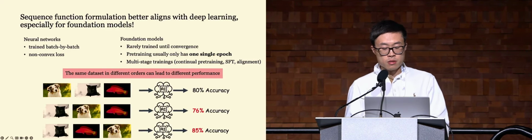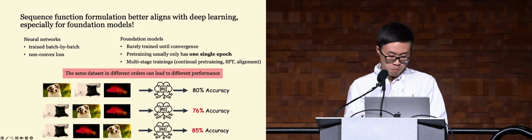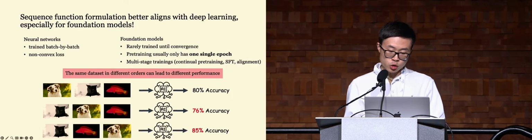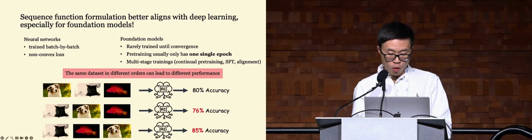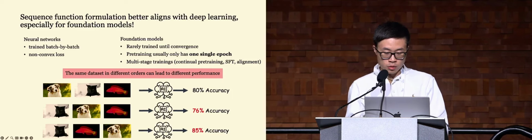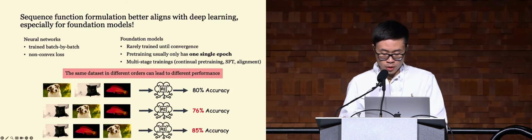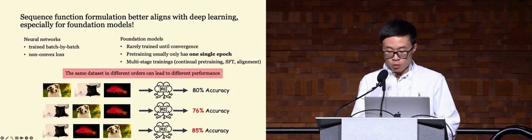Furthermore, the training paradigm of foundation models is unique, in the sense that they rarely train to convergence, and they often use just one epoch for pre-training. And they typically go through multiple stages of training, like continual pre-training, fine-tuning, and alignment, as Ruoxi just talked about.